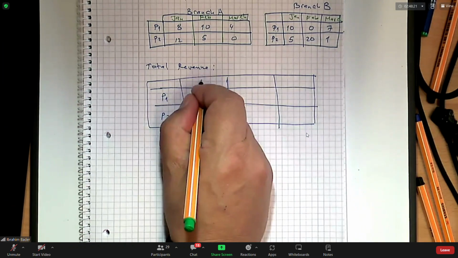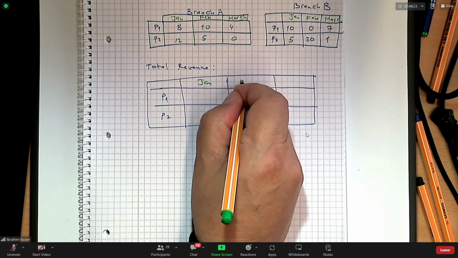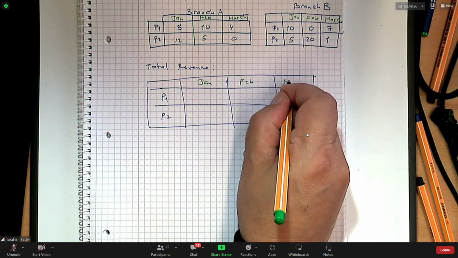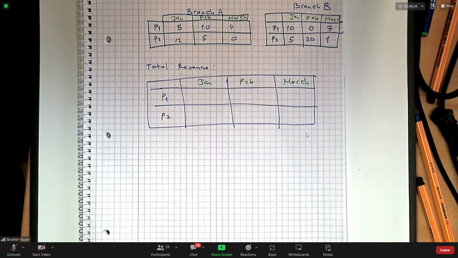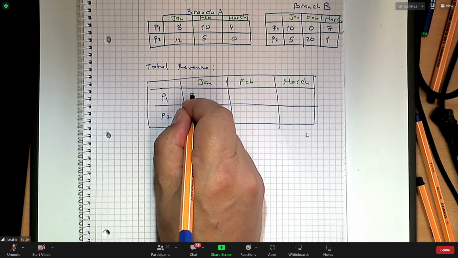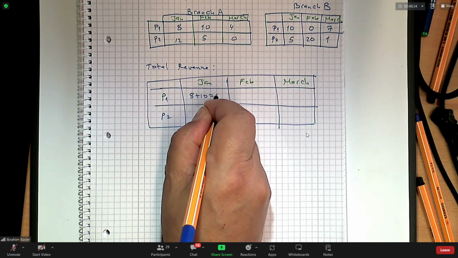So here I have January, February, and March. Okay. So the first one here, I will be having 8 plus 10, 18.